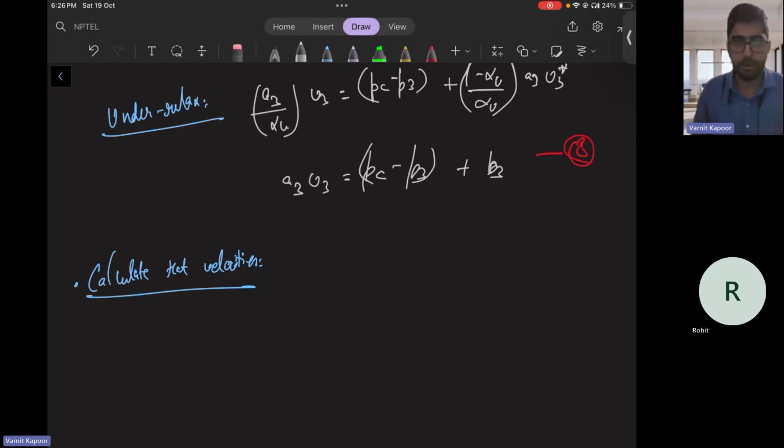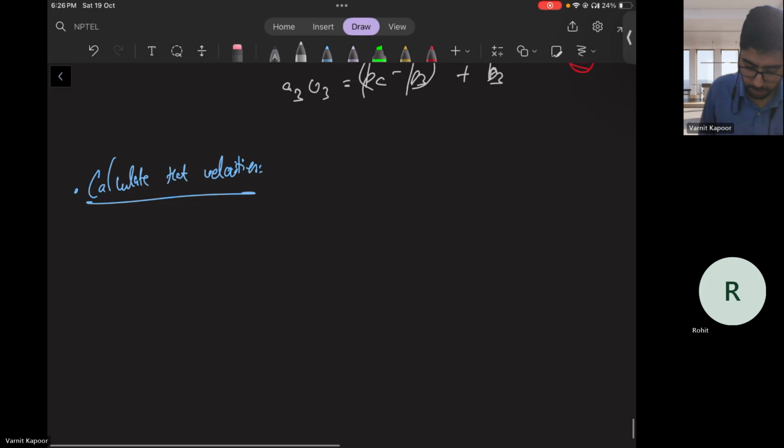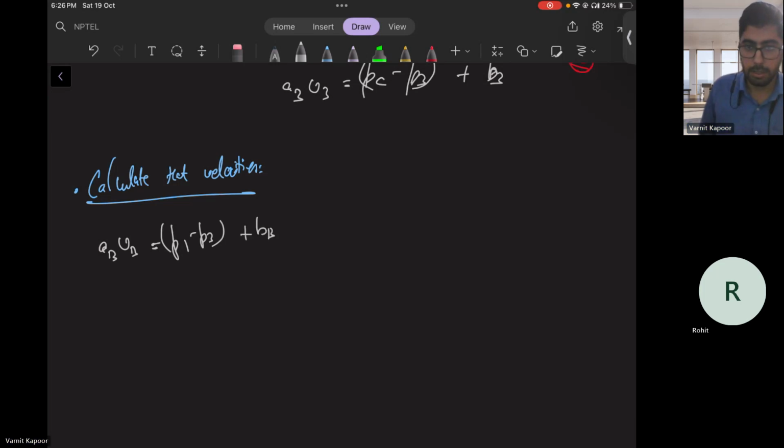So we go back and list out all the 4 equations that we have for the cells. This is essentially the momentum equation for cell B and cell C, for node 1 and for node 3. So what we had was, let me write, AB UB equal to P1 minus P3 plus BB, and UB can be written as UB hat plus EB into P1 minus P3.